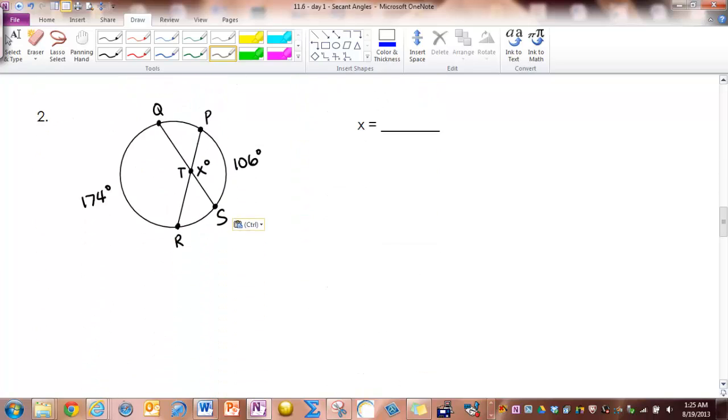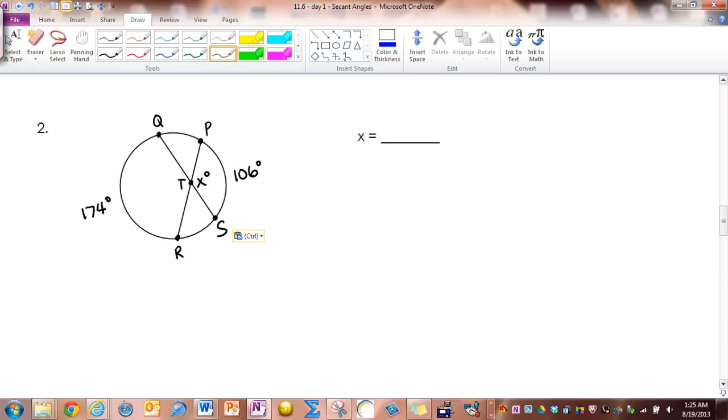Moving on to question 2. Now question 2 is pretty similar. We still have two chords and they're crossing to give us this angle we call x. Now this arc right here is x's, we call that arc number 1, and then x's vertical angle's arc, we call that arc number 2.